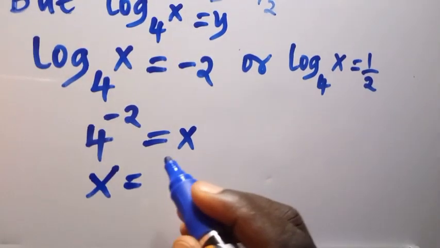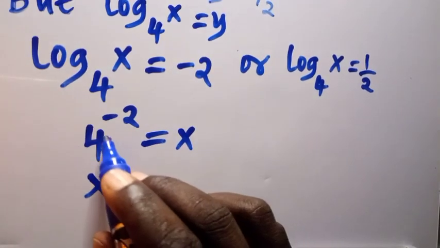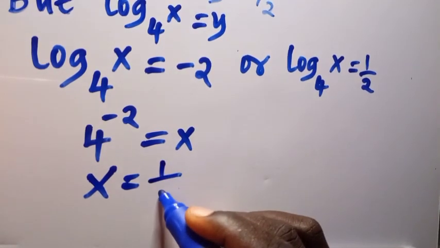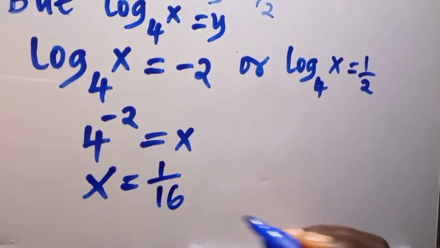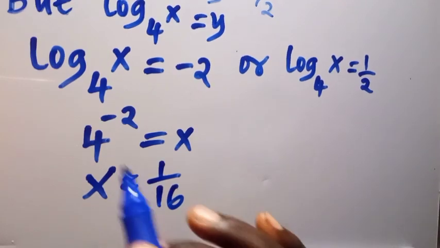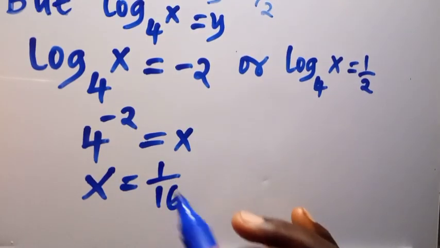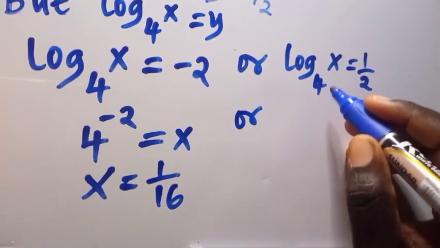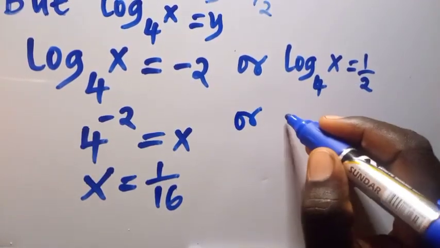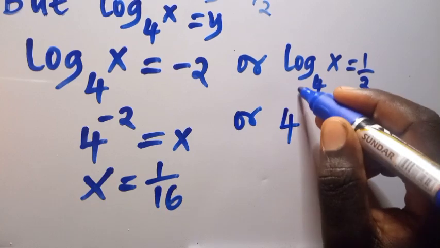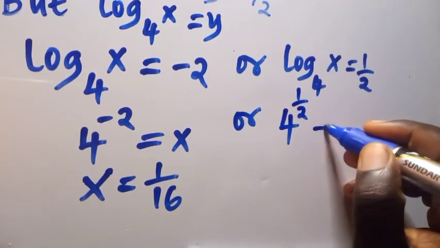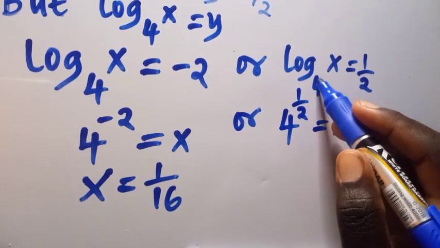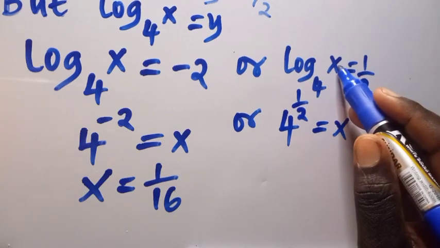Our x will be 1 over 4 squared, and 4 squared is 16, so 4 raised to negative 2 is just 1 over 16. Or we can say that 4 raised to a half is x.